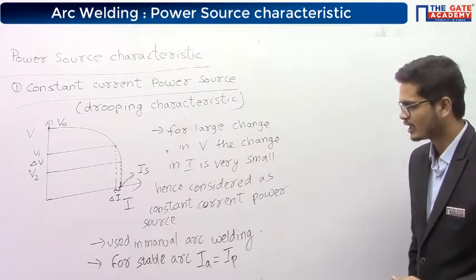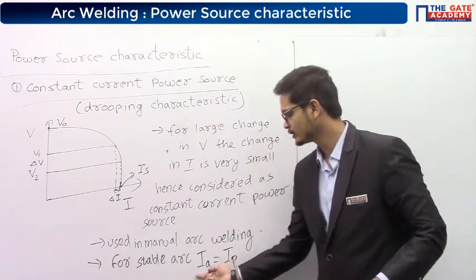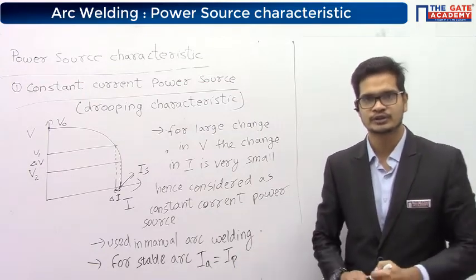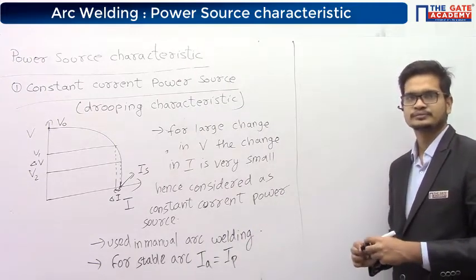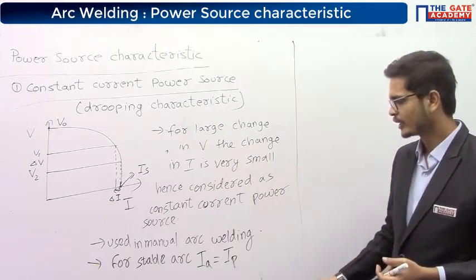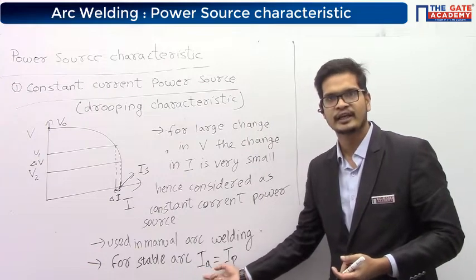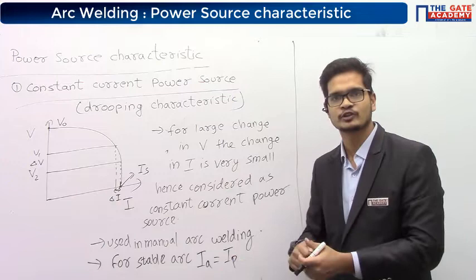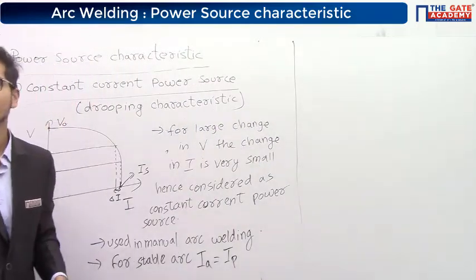IA is the current across the arc, and this is set equal to the current across the power source. How much current is needed for the given welding operation, you will calculate, and whatever power source current you keep will be equal to the arc current.